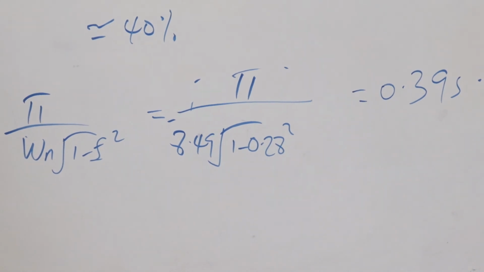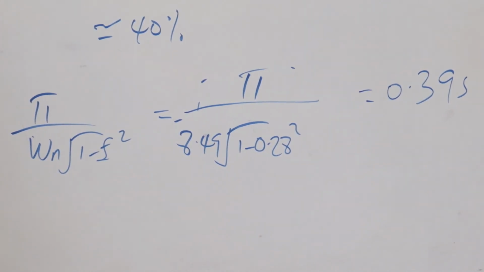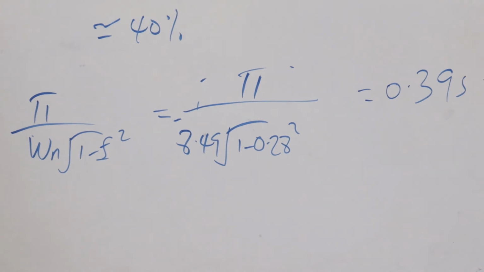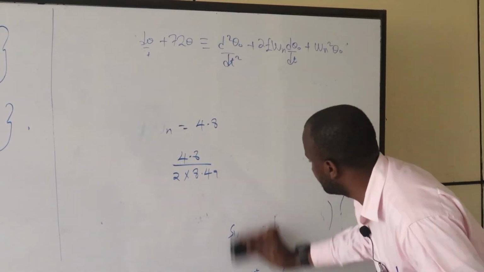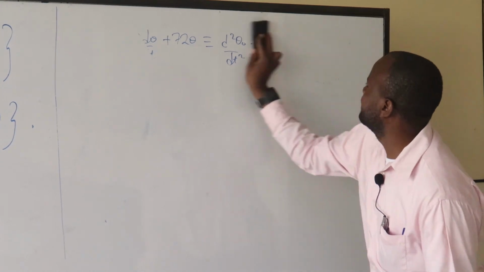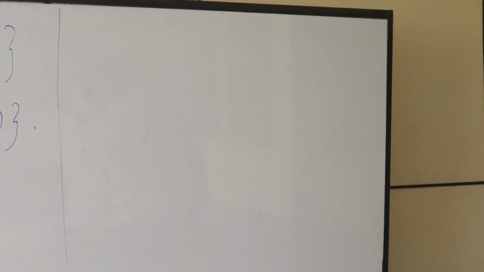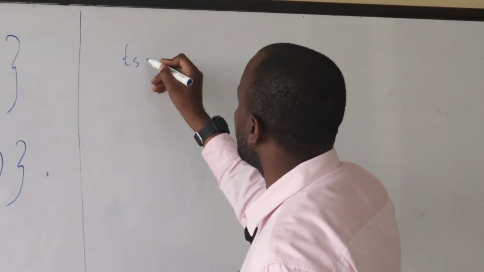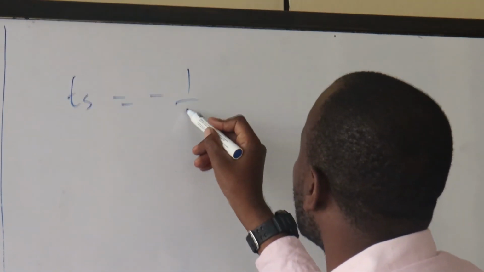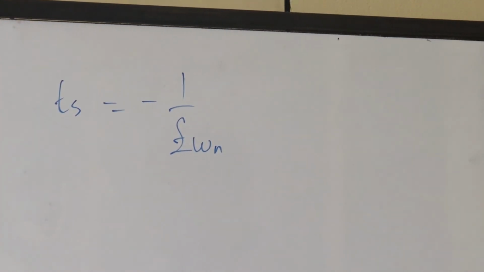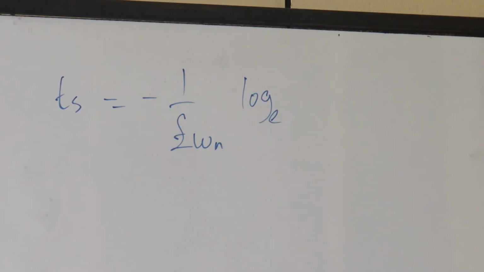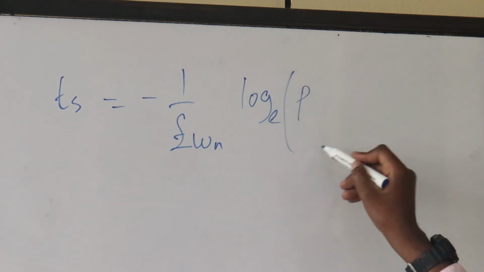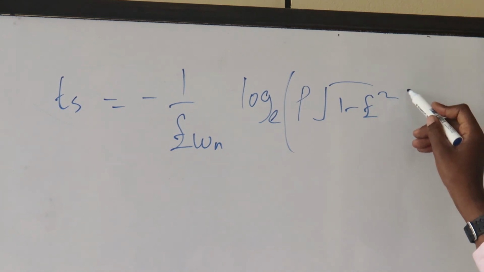Then the next thing that we're supposed to get is the settling time. We know from what we talked about as far as the settling time is concerned, we can talk about the settling time Ts, and we did say that Ts is given by minus 1 all over zeta omega n, times the log to base e of p root of 1 minus zeta squared all over 100.